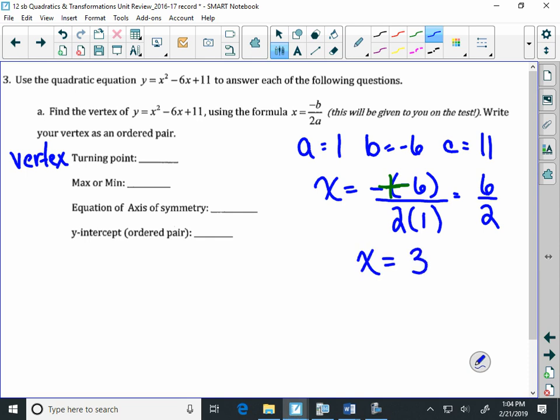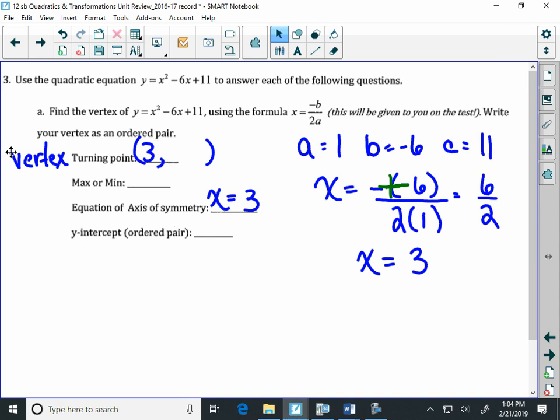And actually what that is, it's the axis of symmetry. And once we know the axis of symmetry, we're going to take that value of 3 and put it back into the equation that we're given, and we want to figure out what the y value is. So that x equals 3 is the x value of the vertex or the turning point.